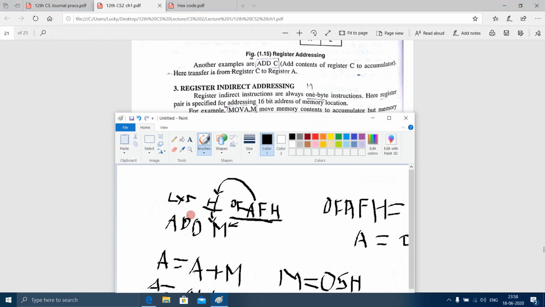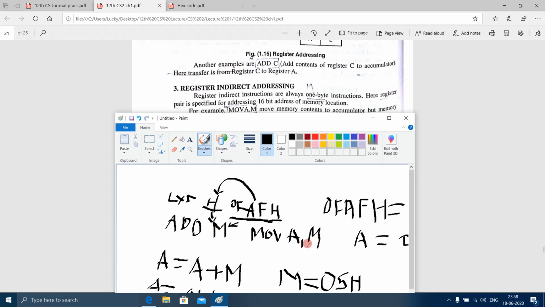If instead of ADD M I would have used MOV A, M. The MOV instruction is called a move instruction because it moves the contents. Actually, it doesn't move, it copies the contents of one register into another register.